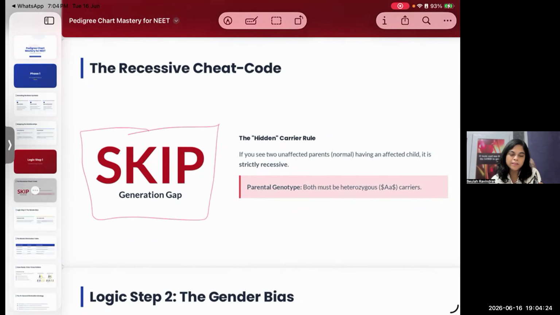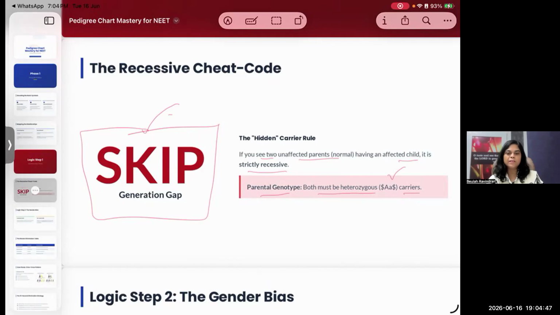Why did I choose this name? If you see two unaffected, normal parents having an affected child, it is strictly recessive. Both parental genotypes must be heterozygous, so they are carriers, capital A and small a. This is recessive only.